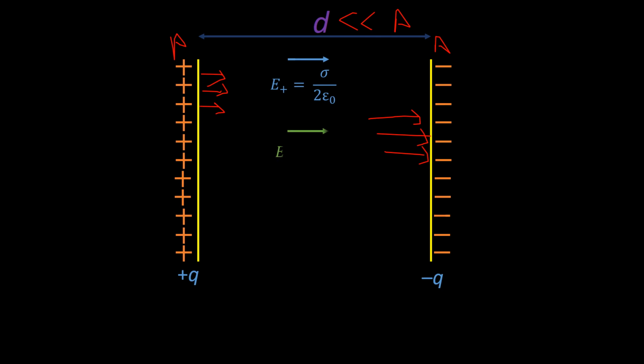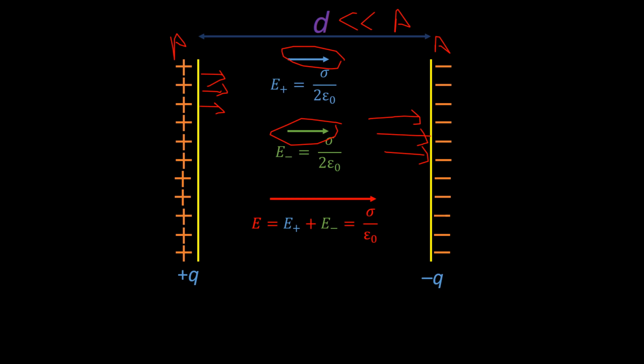So, how much is the electric field due to this negative charge on this plate? It may be considered as sigma by 2 epsilon 0. But as the two are in the same direction, the resultant electric field can be found out by addition of these two. And hence, the resultant electric field is sigma by 2 epsilon 0 plus sigma by 2 epsilon 0, that is sigma by epsilon 0.